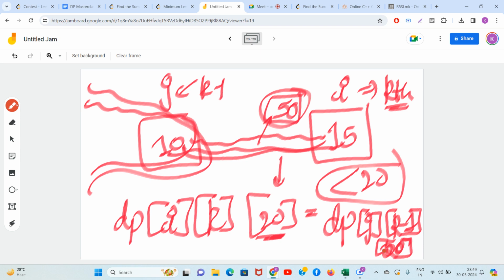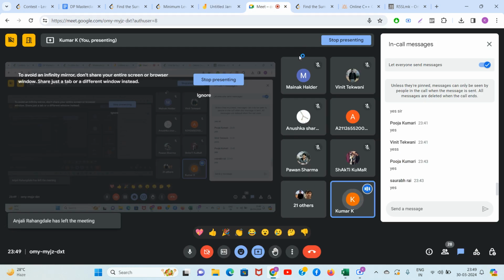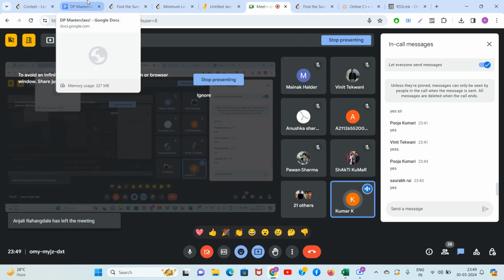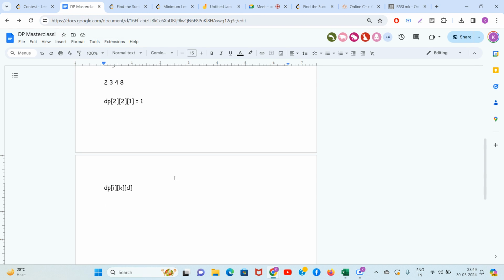So guys, like this, if you write the formula, your problem has been solved. Congratulations, you solved the problem. Okay guys, write yes in the chat if you understood what we are doing here, and be quick about it. Anyways, let's write the formula also.